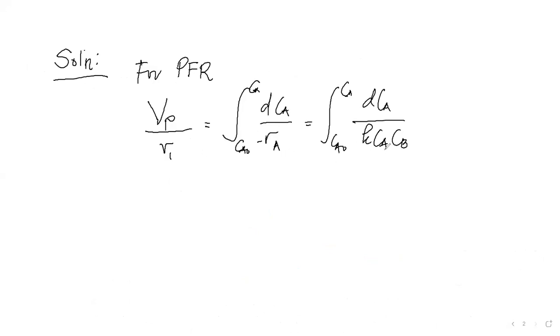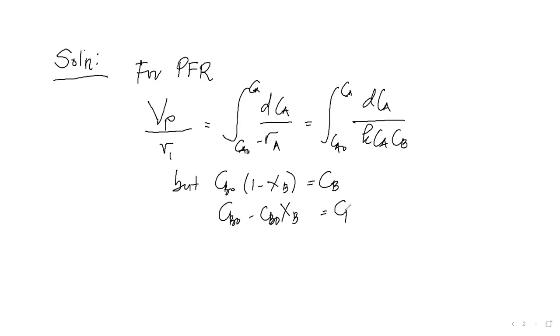Now we need to change the expression for the rate law because our differential here is in terms of A. So there's a need for us to change CB as a function of A. So we write CBO times 1 minus XB is equal to CB. So if you'll have this expanded, that would be the left side, and this is equal to CB.